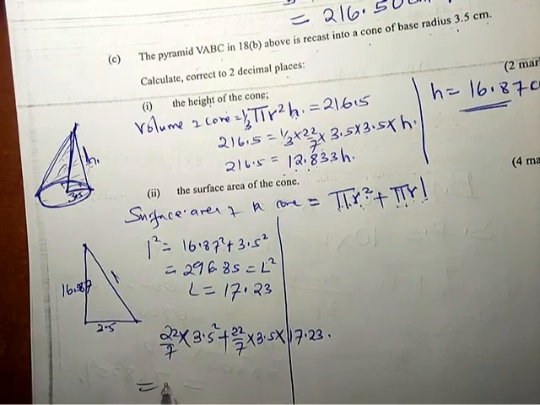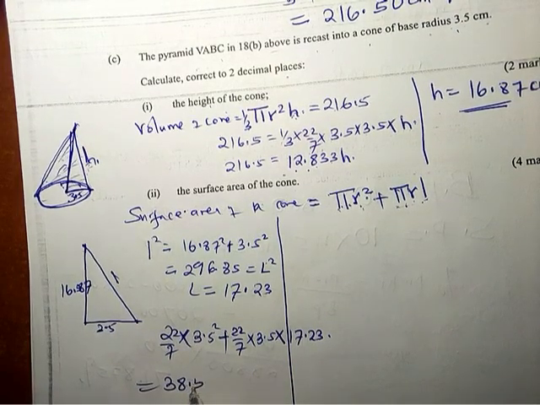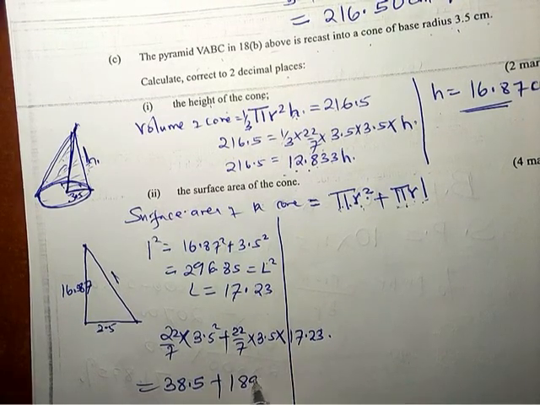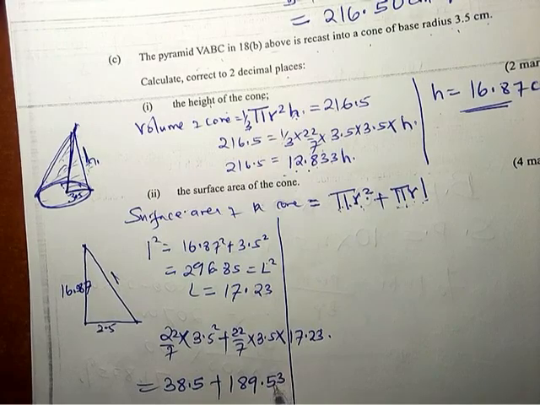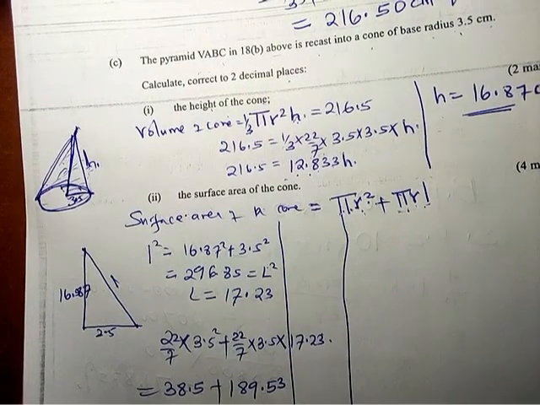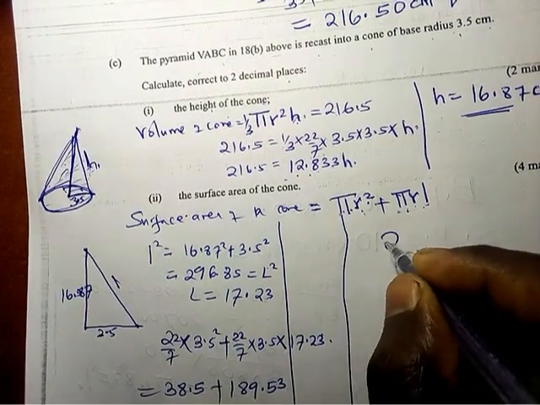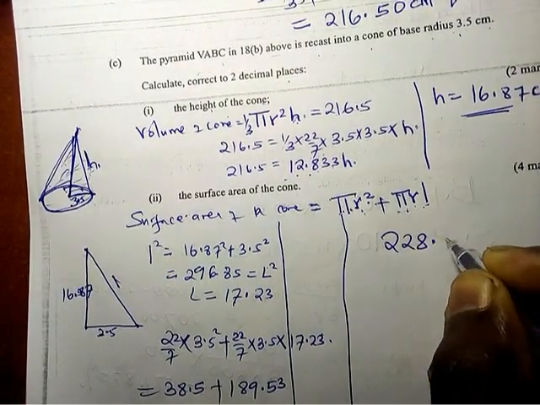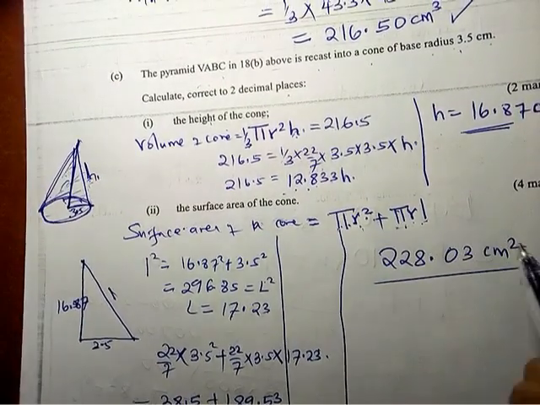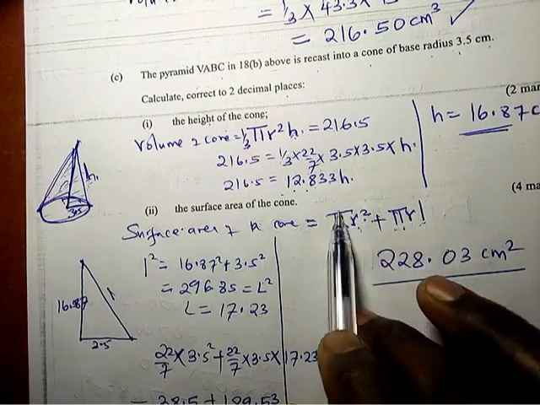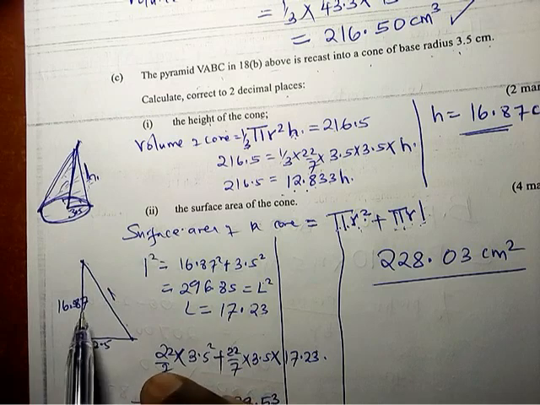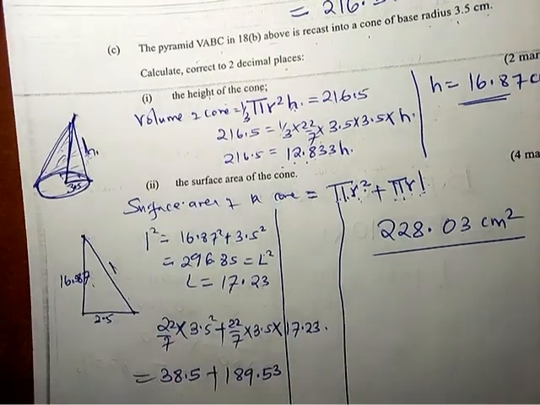So this one will give us 38.5 plus this one 189.53. So when you add, you get that the total surface area is 228.03 centimeters square. So kitu ya maana kwa hesabu ni kushika formulas. Imagine you don't know this formula, you don't know how to calculate the slant height using the Pythagoras theorem, so it becomes a challenge.